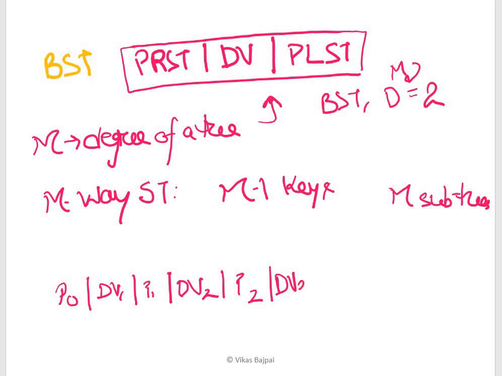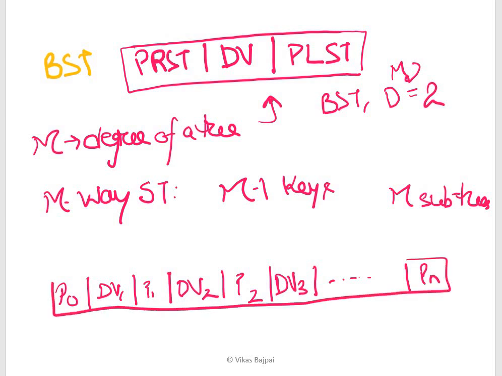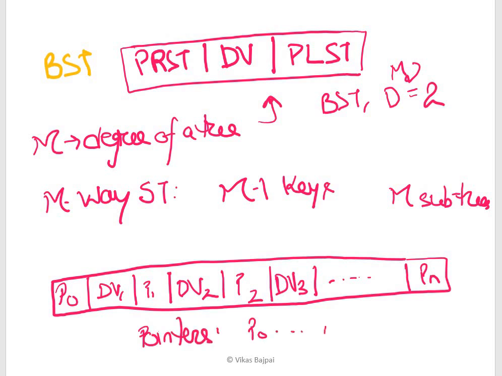Once again I'll have data value 3, I'll have pointers, and so on and so forth, up to Pn. So in this case we have pointers from P0 to Pn, and we have node values or key values or data values which are from dv1 to dvn.